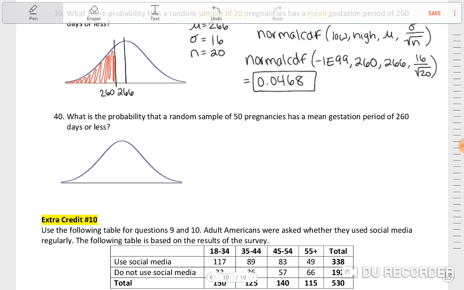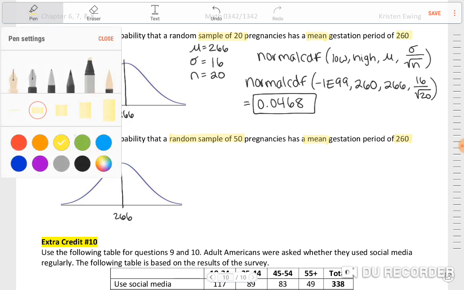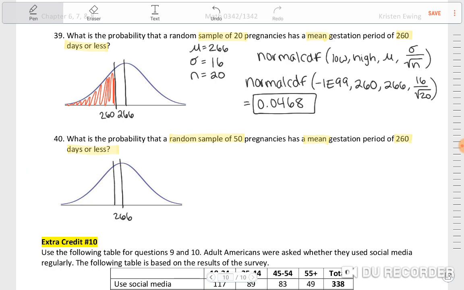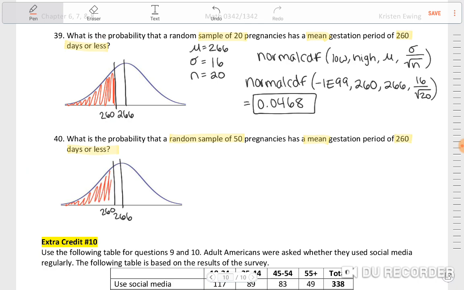You won't have one like number 40 because it's pretty much the same as before, except that now the random sample is of size 50. So it still says the same kind of thing, because it's the same exact question except different random sample size. Sample of 50, mean 260 days or less. Okay, so same picture, same shading, same setup.